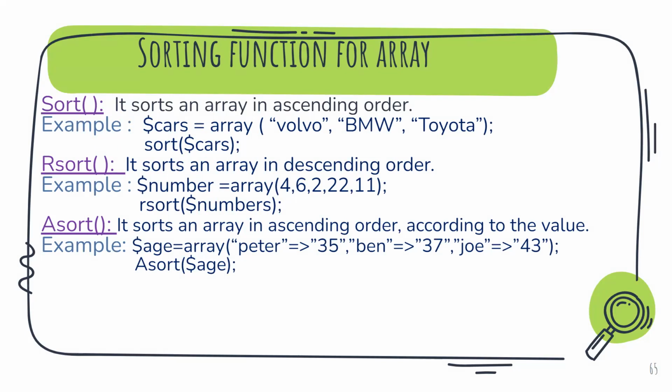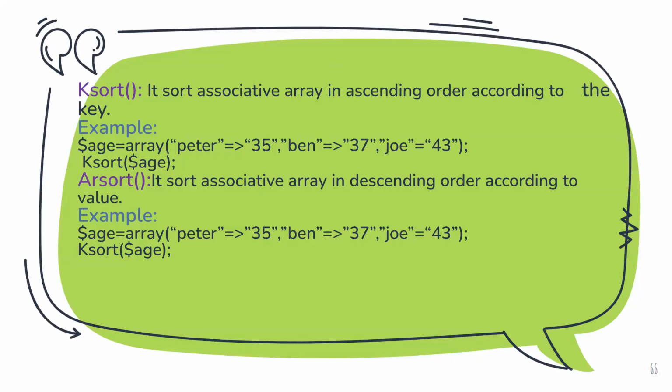If we want our array to be sorted based on the value, then we can use asort. And we also have ksort. In case of an associative array, if we want our array to be sorted based on a key, then we use ksort. And then similarly, we have arsort and krsort as well. They help in returning an array which is sorted in descending order.